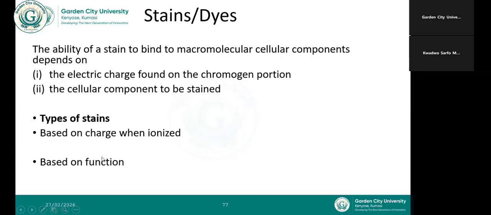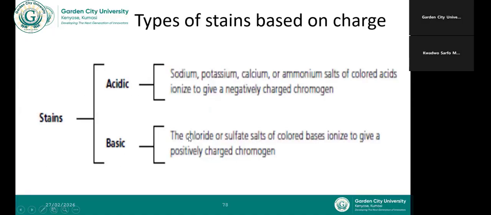So you can use this to differentiate one organism from the other, or you can just use it to impart color to all cells. So for the charge, you can have acidic and then basic biological stains.